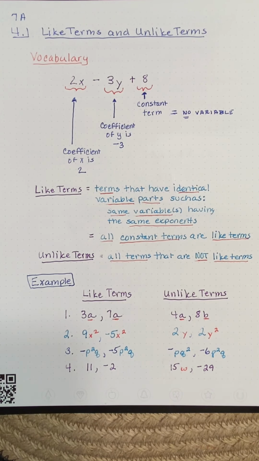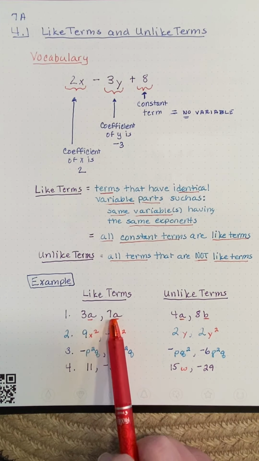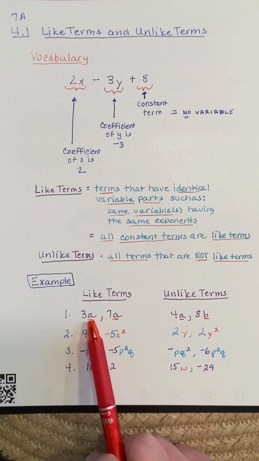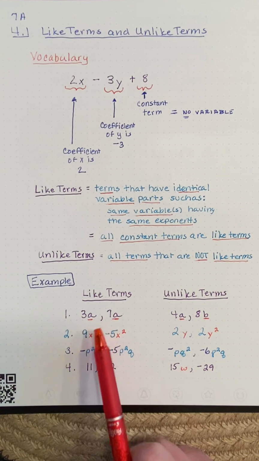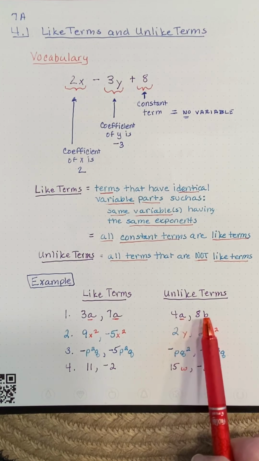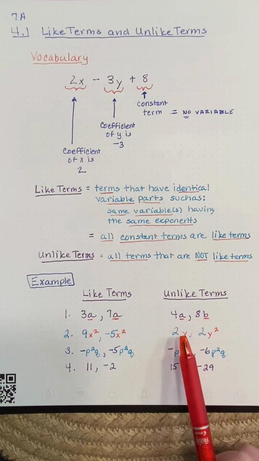Let's put this into some practical examples where you can actually see what they are talking about. In the example of number 1, 3a and 7a are like terms because both have the variable a. However, 4a and 8b are unlike terms because these have different variables, one being a and one being b.